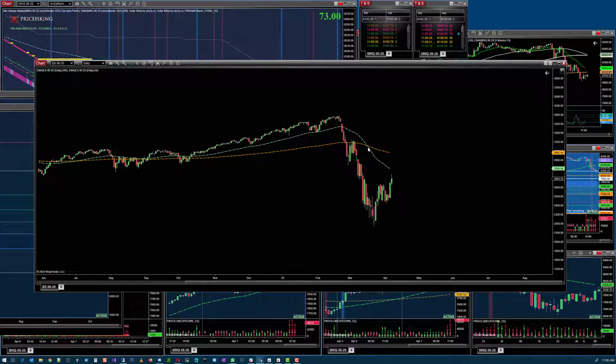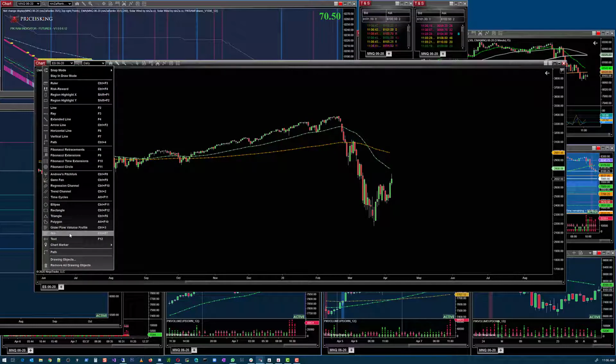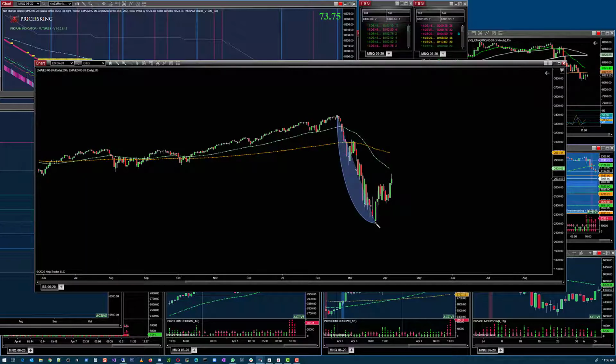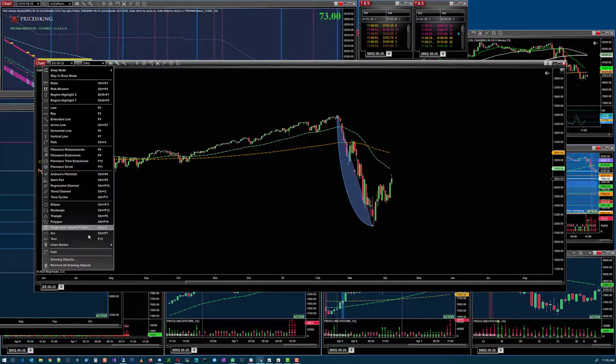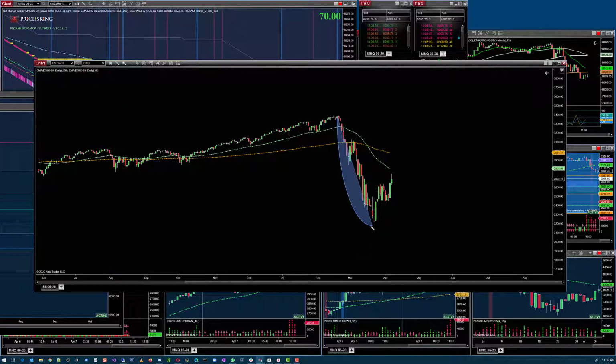We have the death cross here. Similarly, we got the hook right around here. So you see this hook right here.